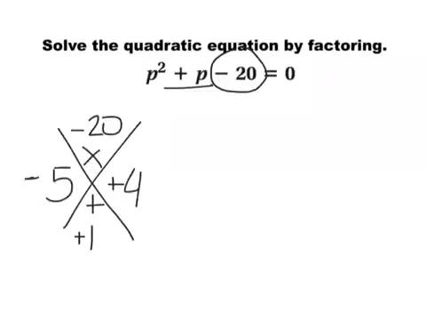So when I check this problem again, negative 5 times a positive 4 is negative 20, like we want. And negative 5 plus 4 gives me a negative 1.